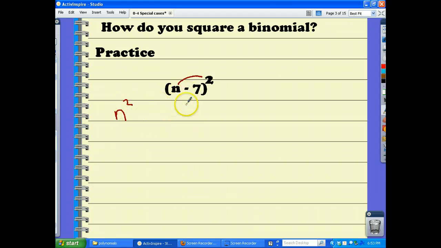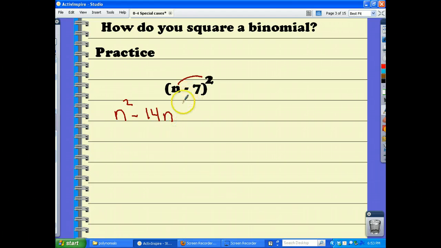But then to get my middle term, I'm going to multiply these together. I have a negative 7. Don't forget your negative. Always look in front of the number and it'll tell you whether it's positive or negative. Negative 7 times n is negative 7n. But I can't forget to multiply that by 2. So I'm going to have minus 14n.